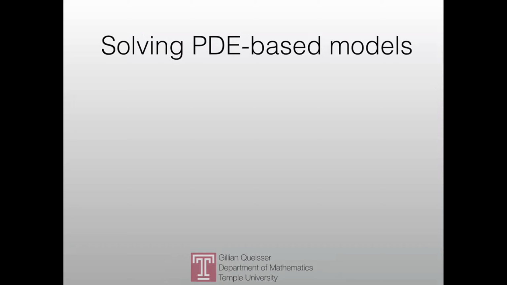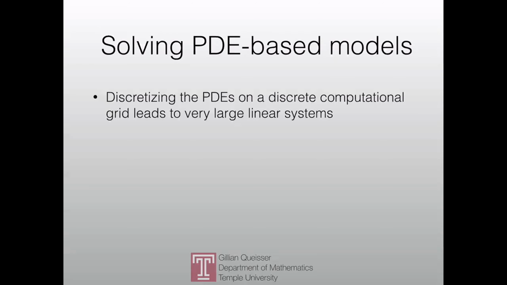And if we remember the complex structure of spines or the shape of neurons, discretizing these PDEs, making them finite dimensional, on discrete computational grids typically leads to very large linear systems, since we have to represent this complex geometry, which need to be solved.